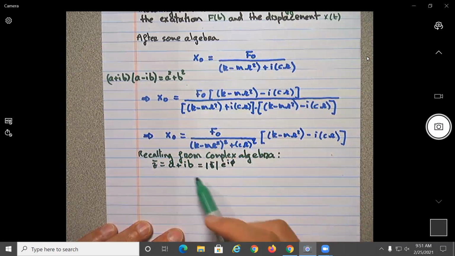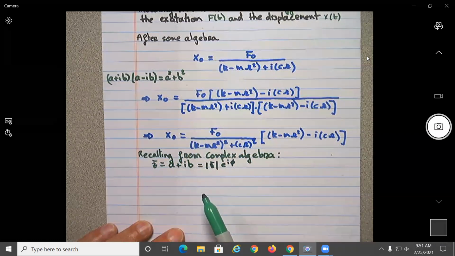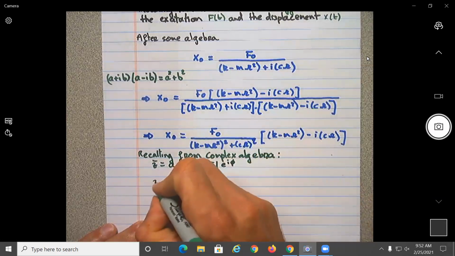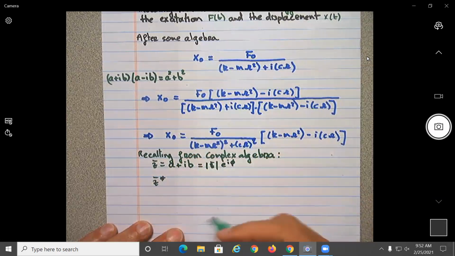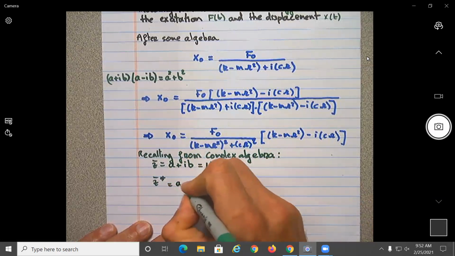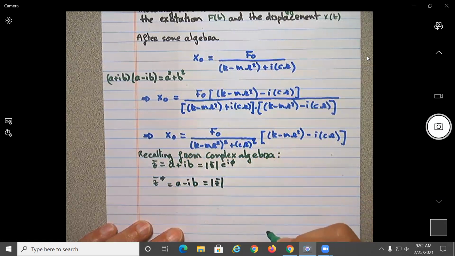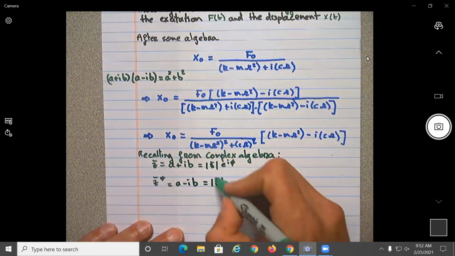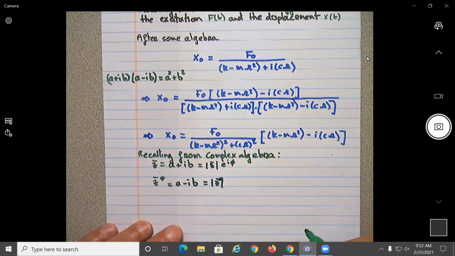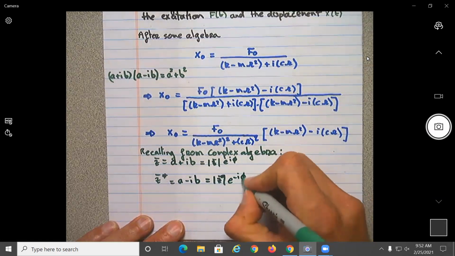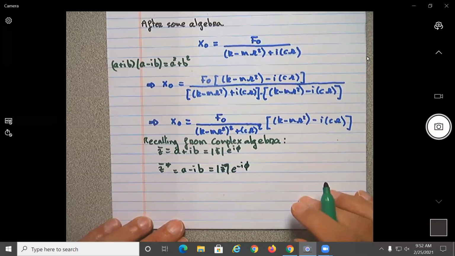Okay, you remember this, ask me, okay? But this is just complex numbers. And similarly, if you have the z star, what does that mean? This will be a minus ib, and this will just be equal to z star, sorry, I forgot the star here, z star e, but this time to the minus i phi.